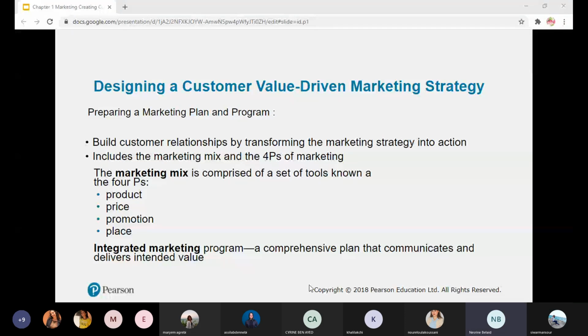So the integrated marketing program is a comprehensive plan that communicates and delivers intended value. Okay, that's clear because it's really important for marketing and preparing marketing plans and transforming the marketing strategy into actions. Okay, do you have a question about this?